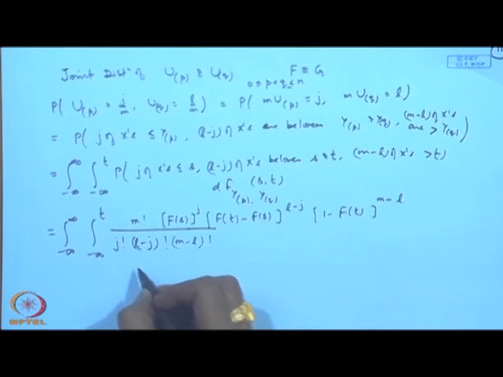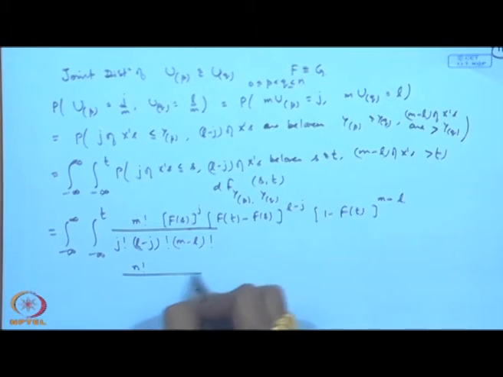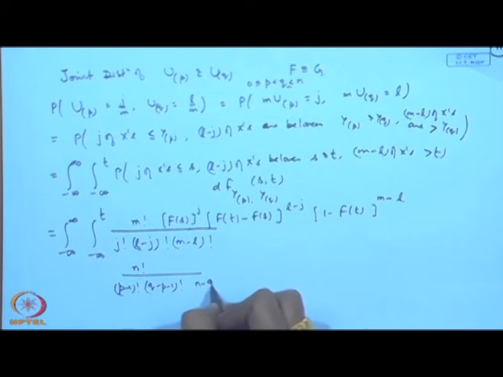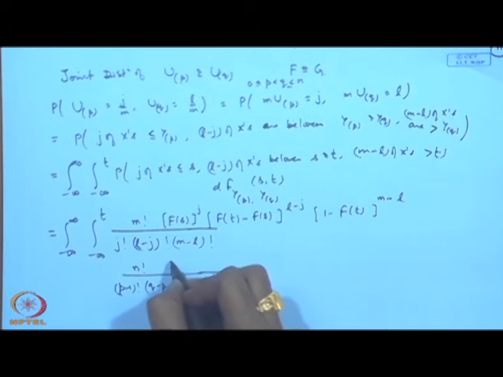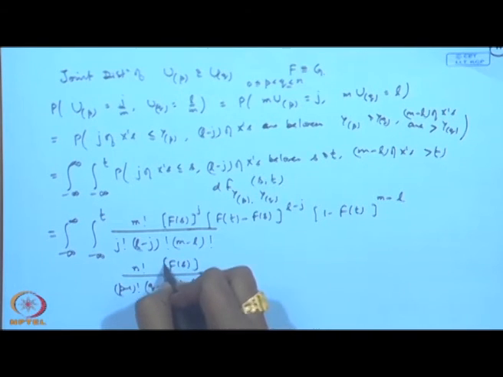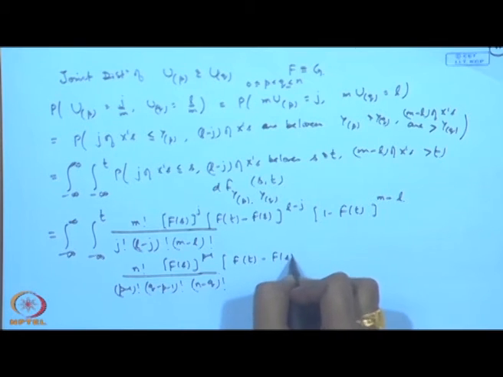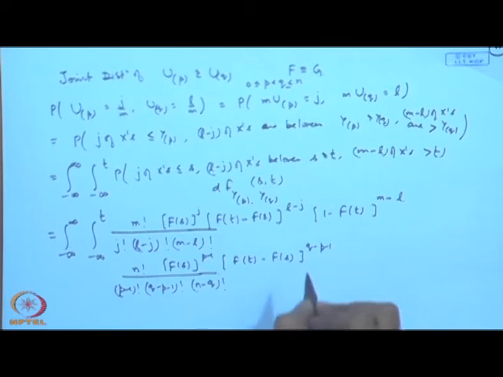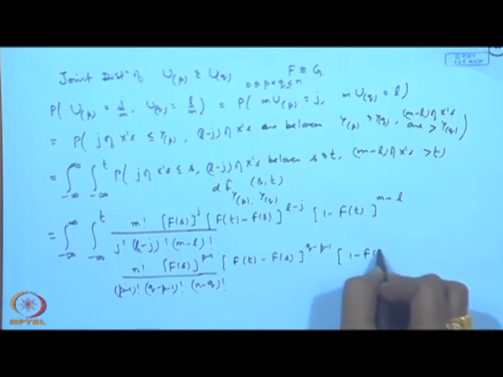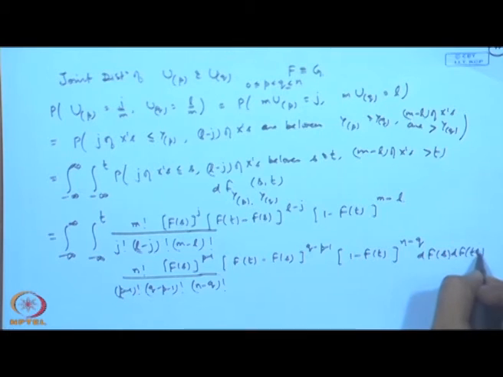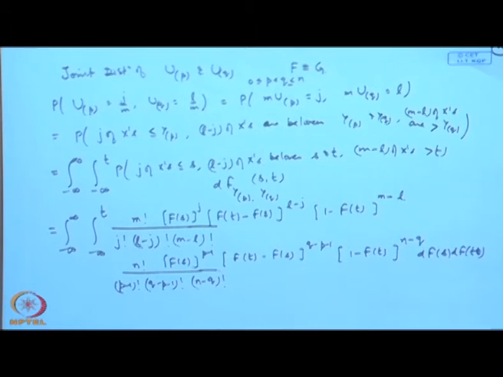So, we substitute here, that is n factorial divided by p minus 1 factorial, q minus p minus 1 factorial, n minus q factorial, f s to the power p minus 1, f t minus f s to the power q minus p minus 1, then 1 minus f t to the power n minus q, d f s d f t, where s is from minus infinity to t and t is from minus infinity to plus infinity.